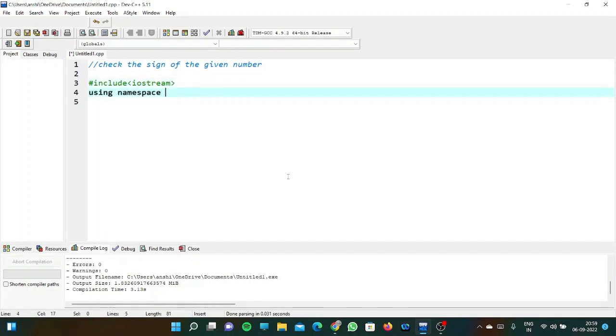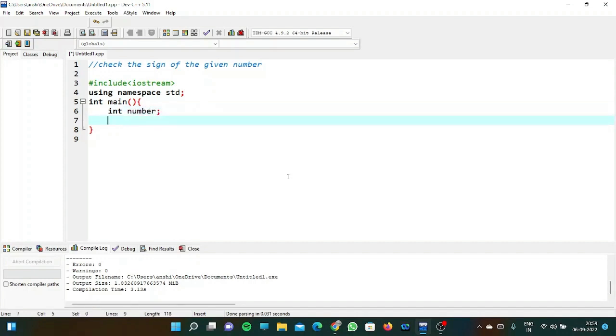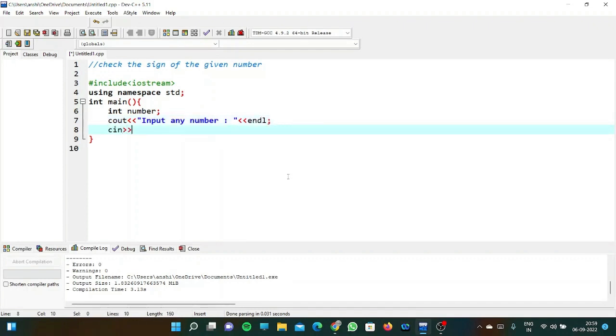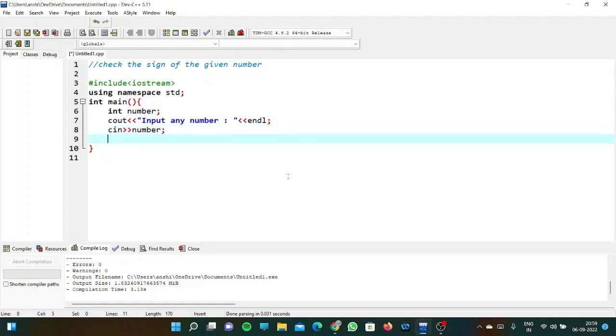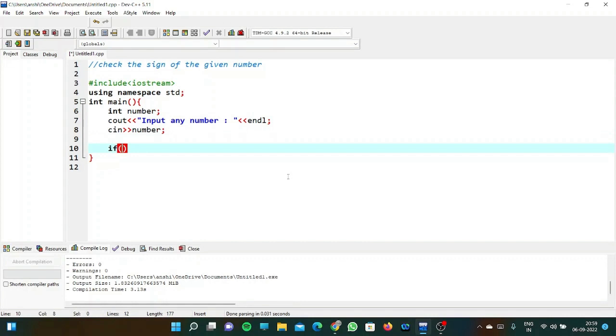Using namespace std, int number, then we'll cout a statement, input any number, and cin number. Okay, now we have to put a condition here, so we'll use if. What condition?